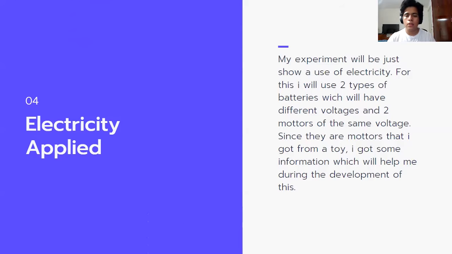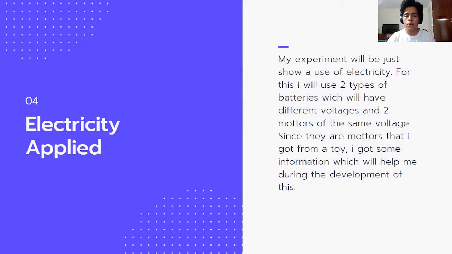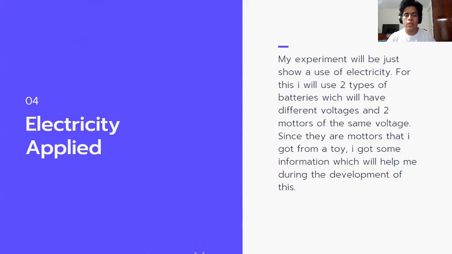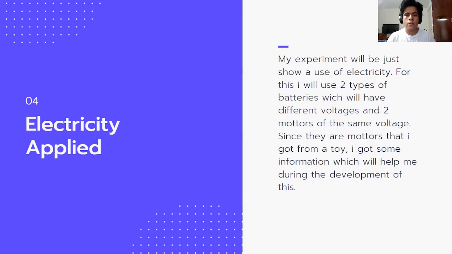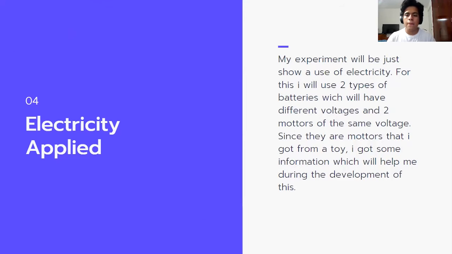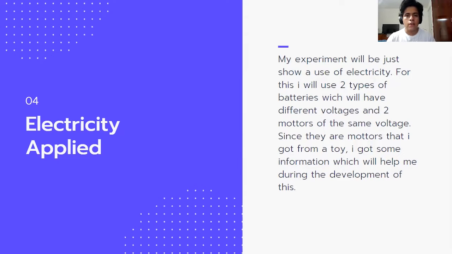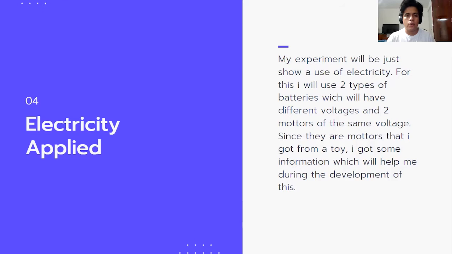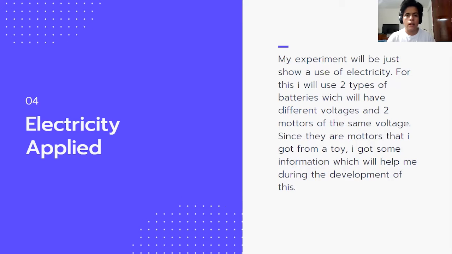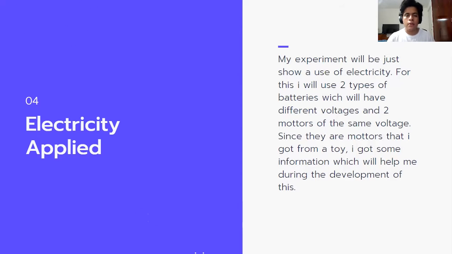It will consist of using two types of batteries of different voltage and two different motors which have the same voltage. Since the models that I had are from a toy, I could investigate and have more information about what these motors have in them.